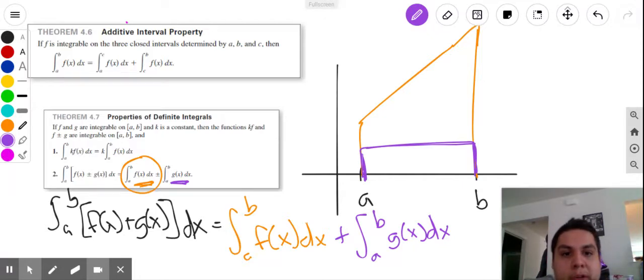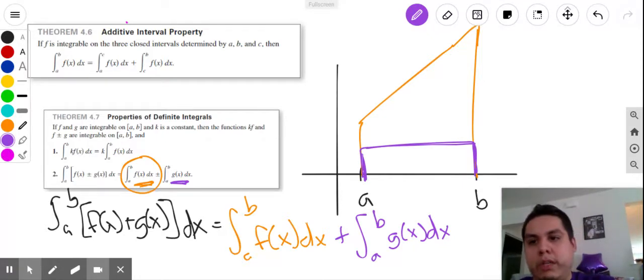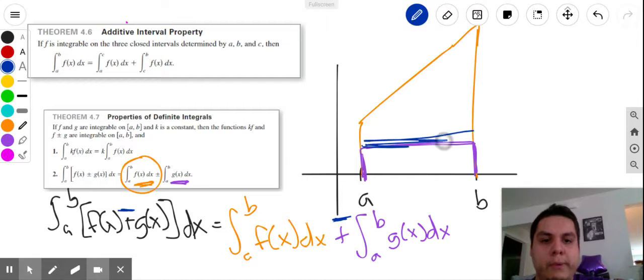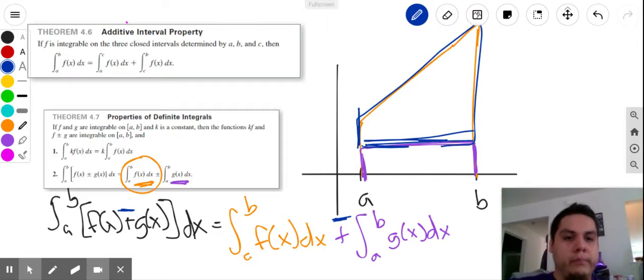And if I want to subtract it, well, all I have to do is take out that area, right? And that one right there would just be whatever this is.